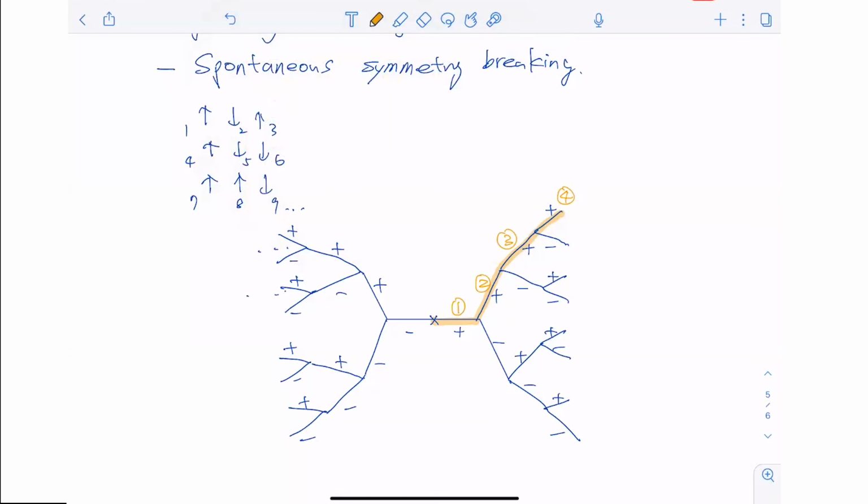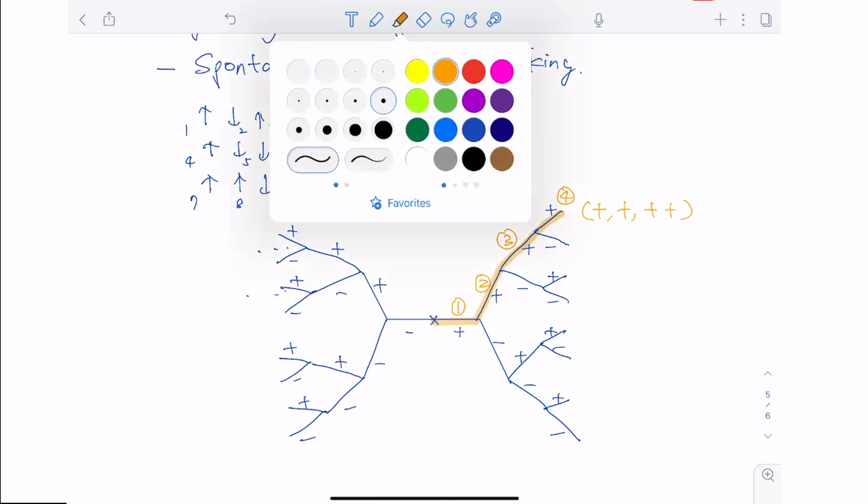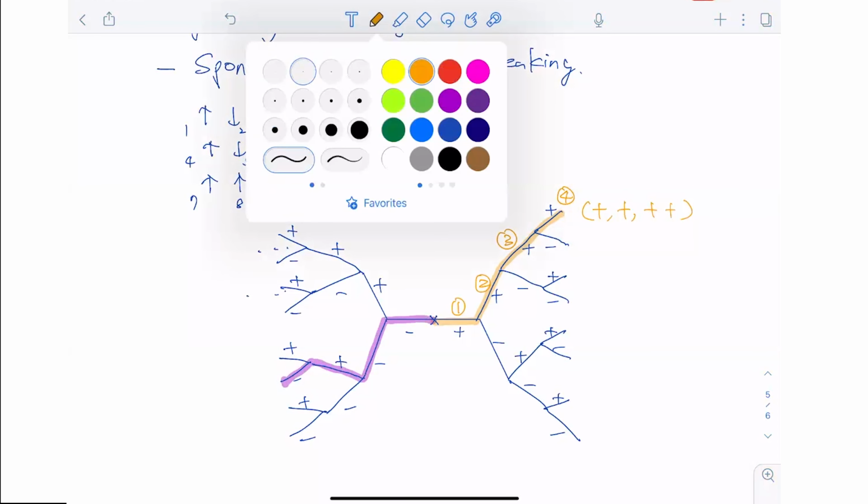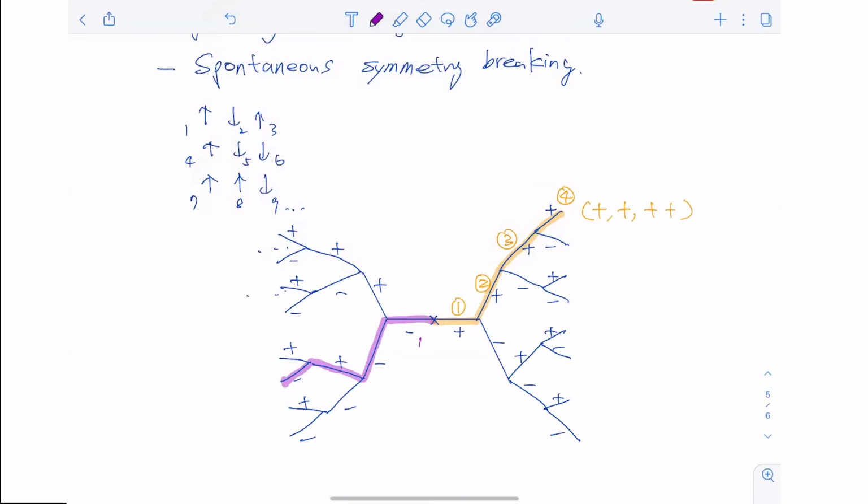If I just follow this tree, it will give me 4 spins up to here. But if I choose another path, for example, if I go this way, I can say this is my first spin, second spin, third spin, and fourth spin.